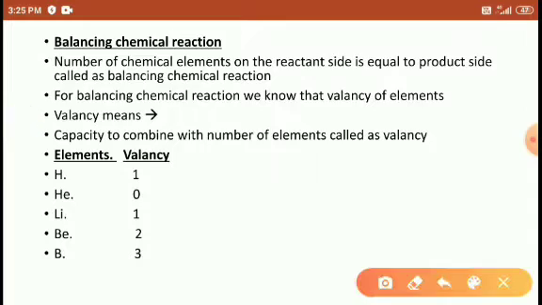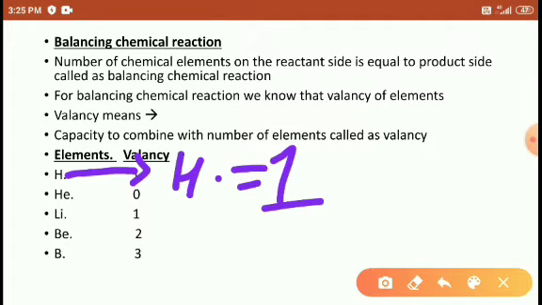Right, students? So let's see here. I have given the elements and their respective valencies. Hydrogen valency 1 means hydrogen has one outermost electron, and with its help it has the ability to bond with only one species.